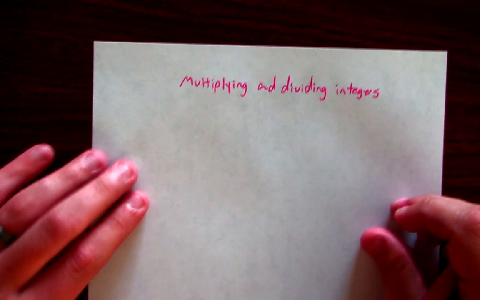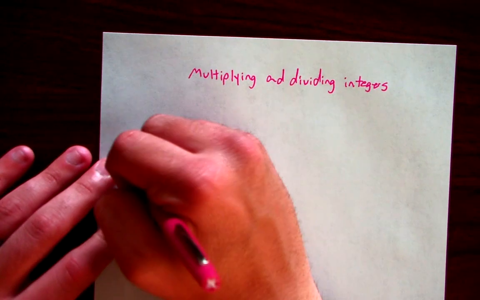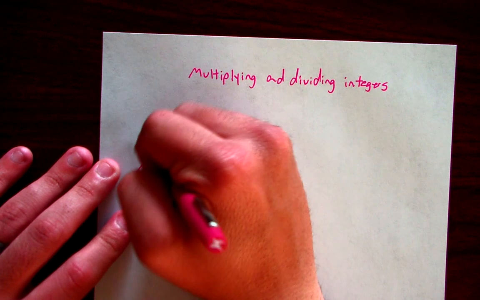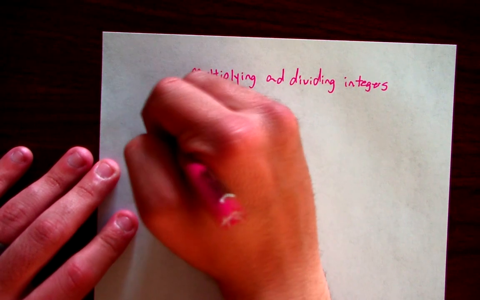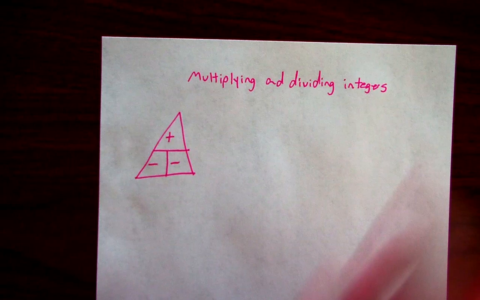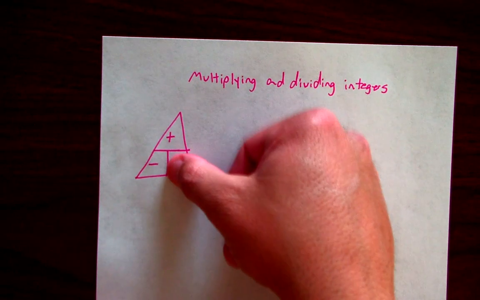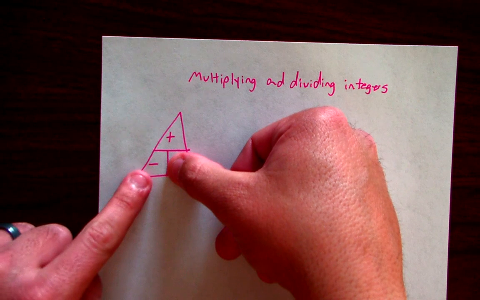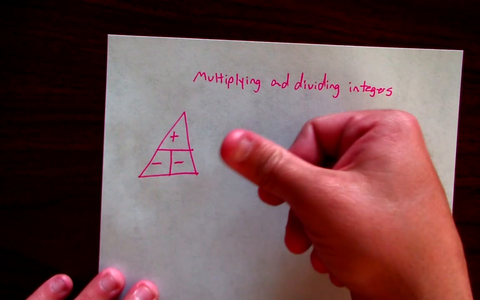Okay, we taught y'all 2 things. We taught y'all the sleepy triangle. Remember, the way that works is you cover up one of the 3 symbols. It doesn't matter which one it is. The one you're covering up is the answer. A negative times a positive is a negative.